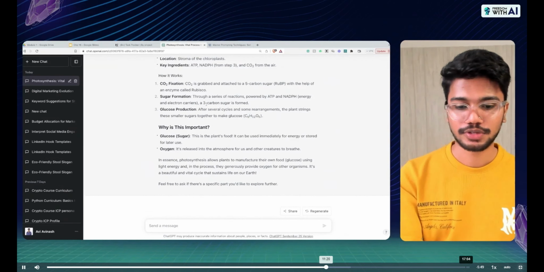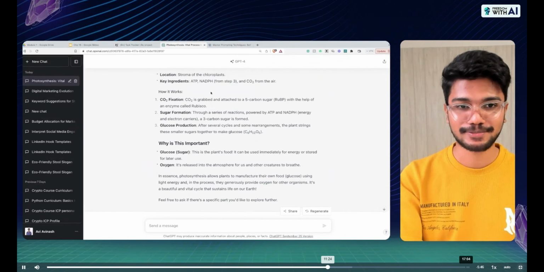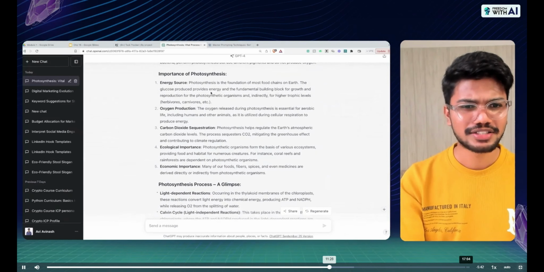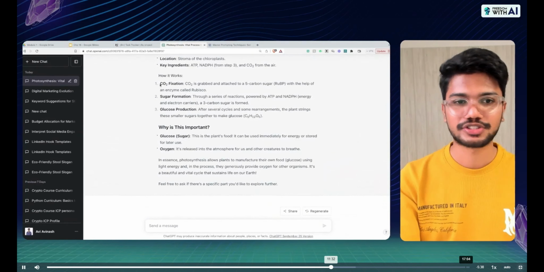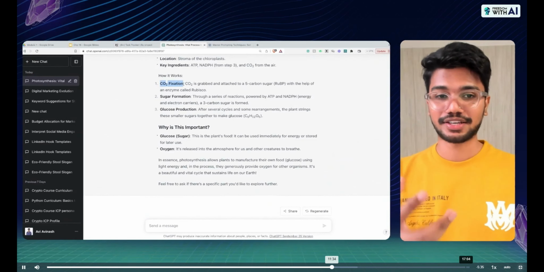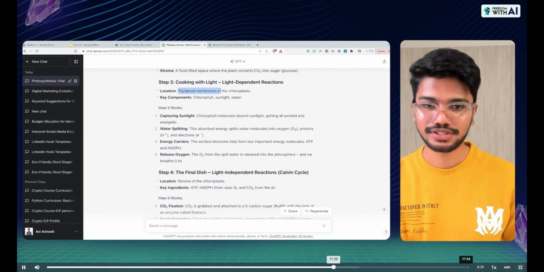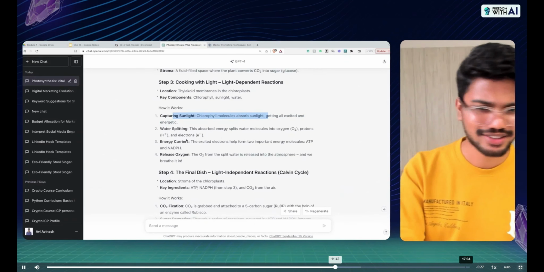So how many students here think this is a much better understanding and explanation the second time than the first time? First time it's like energy source, oxygen production, and so on, a little monotonous or hectic. And here you see location, key components, how it works, caption, chlorophyll molecule absorbs light, getting all excited.